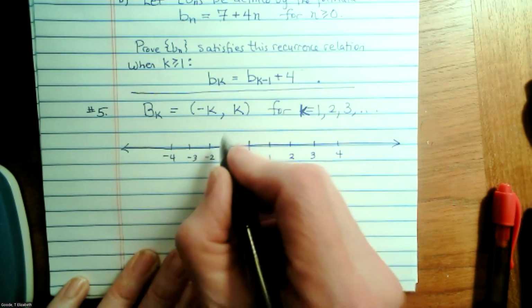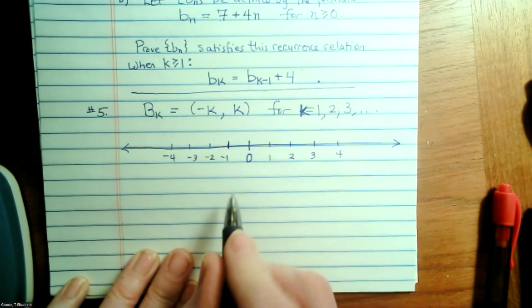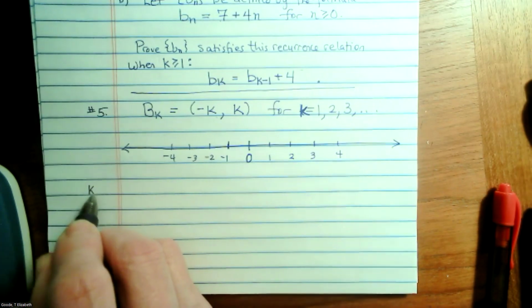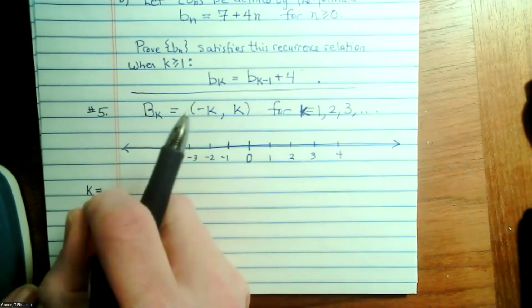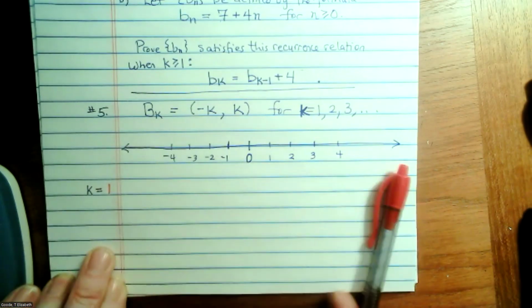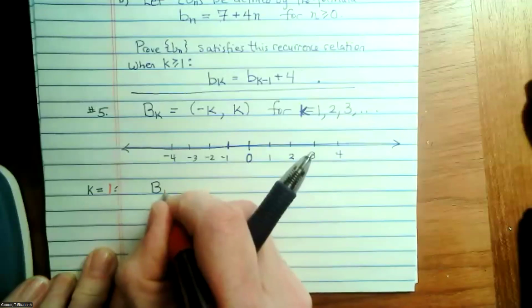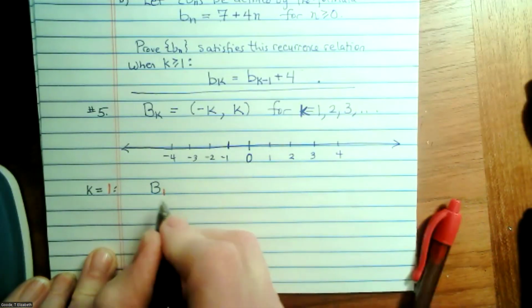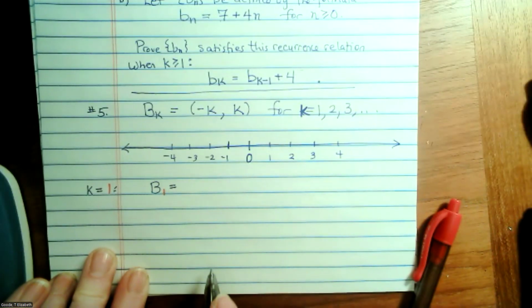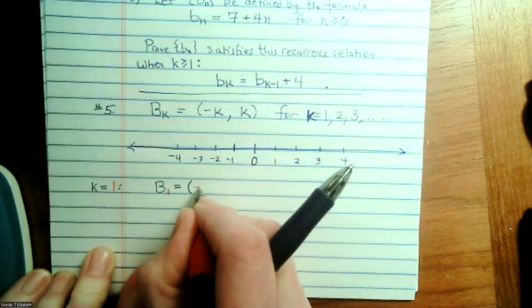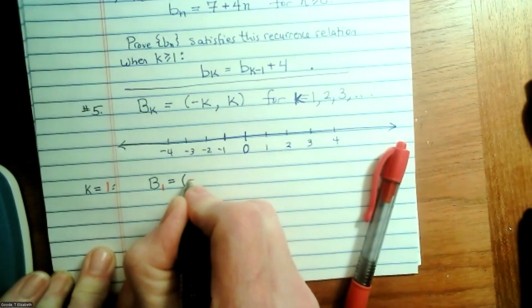For example, when k is 1, what is b sub k? In other words, what is b sub 1? -1 and 1.